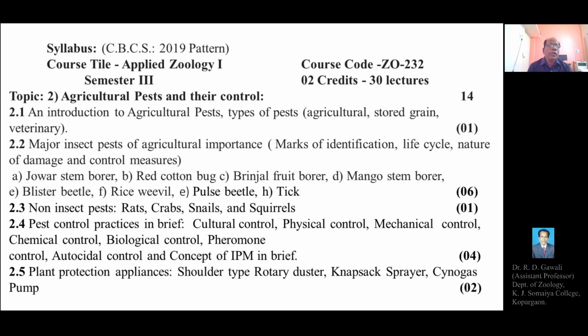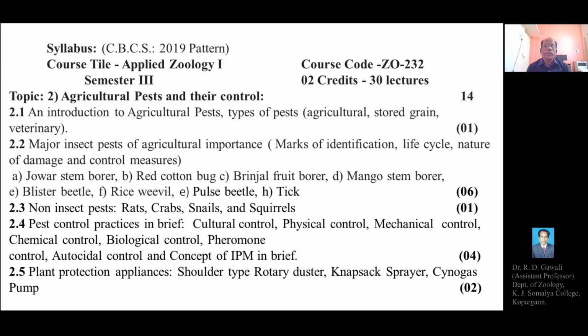Then subunit 2.3 includes the non-insect pests such as rats, crabs, snails, and squirrels. So these are the non-insect pests attacking a variety of crops and causing loss or damage. Then subunit 2.4, pest control practices in brief.